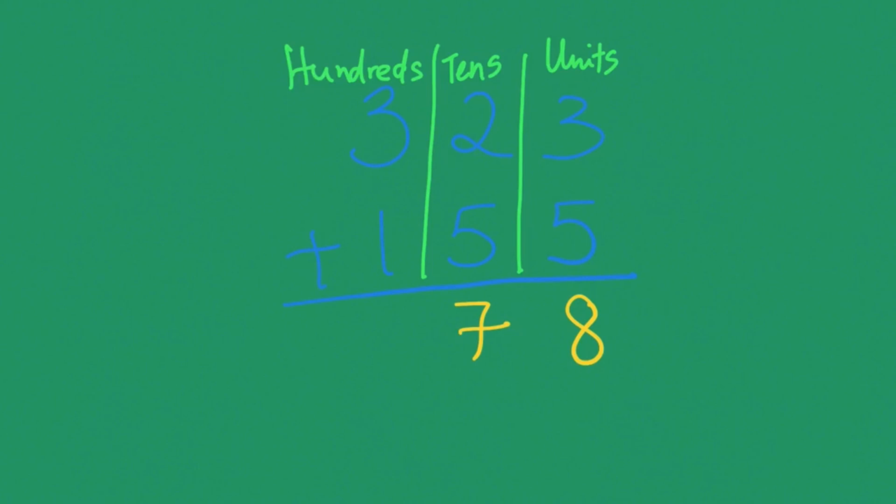And then you have 3 adding 1, and you get a 4. So that's our final answer, 478. All right? So let's try one final time to reconfirm your understanding.